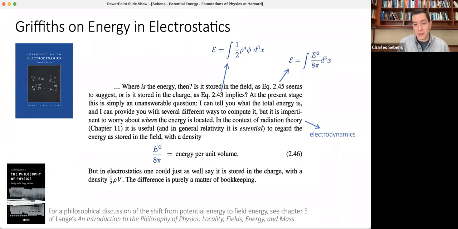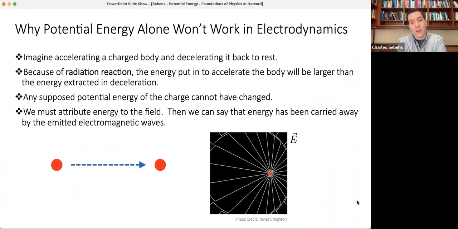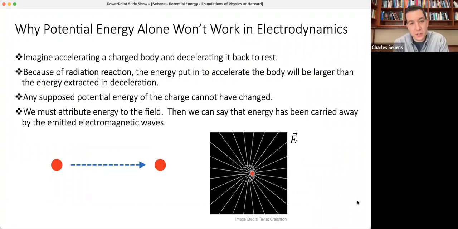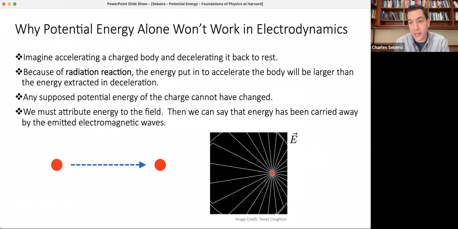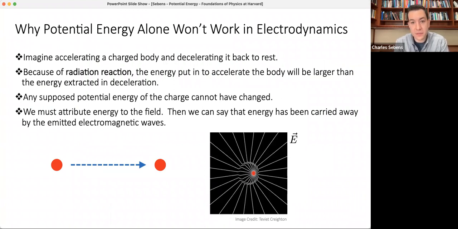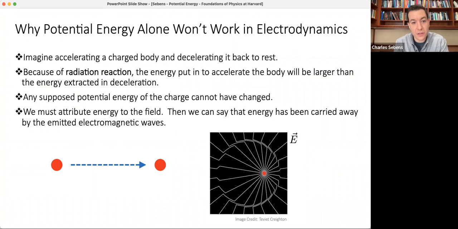So it seems like we get it resolved and figure out that it is field energy, not potential energy, when we go to electromagnetism. Okay, so here's why you can't just use potential energy in electrodynamics to get conservation of energy, why you're going to have to endow the field with at least some energy itself.